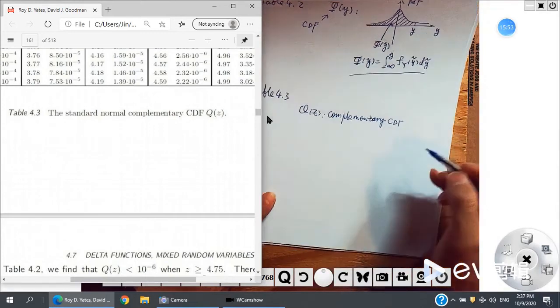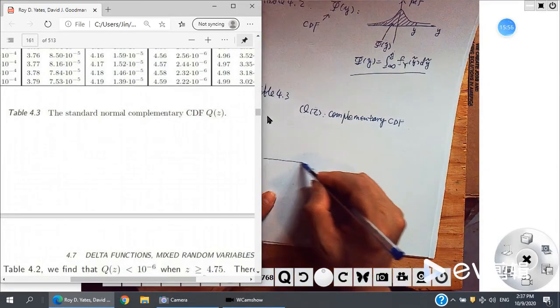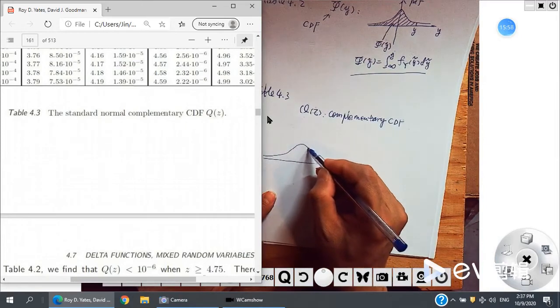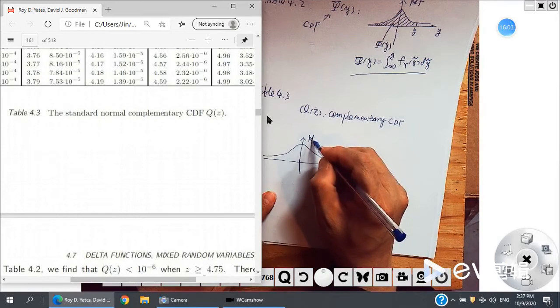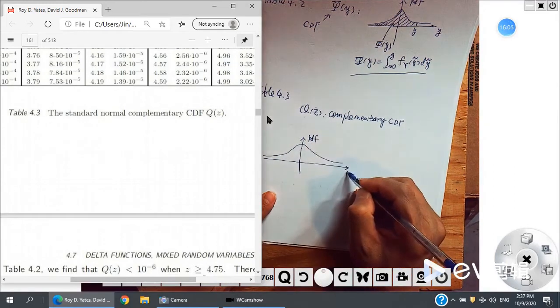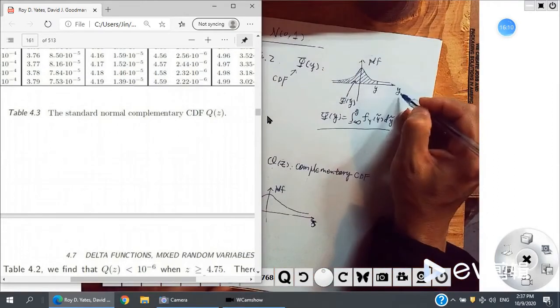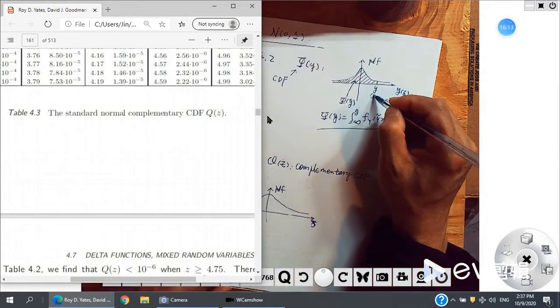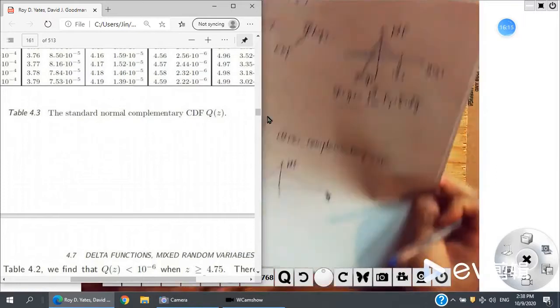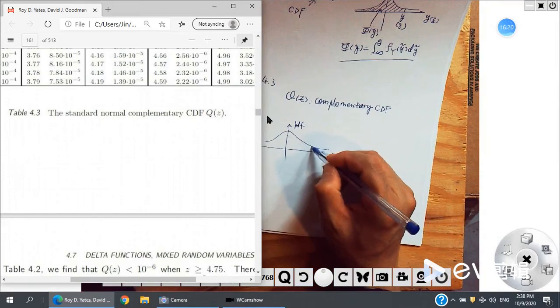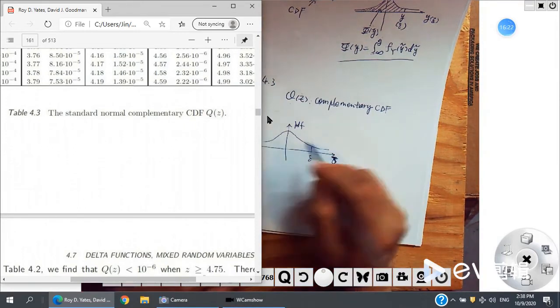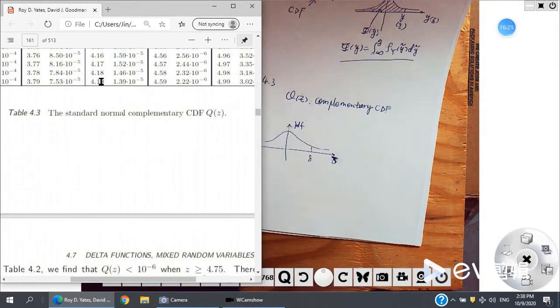So what is Q? I still use this one. This is a PDF. Here's a z. When you have a z here, what is the value of this area?